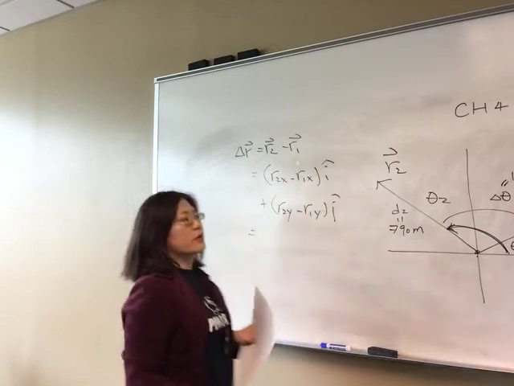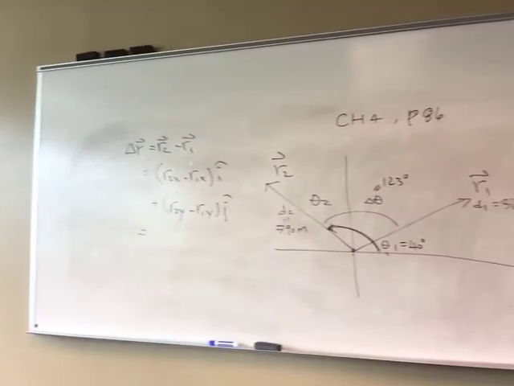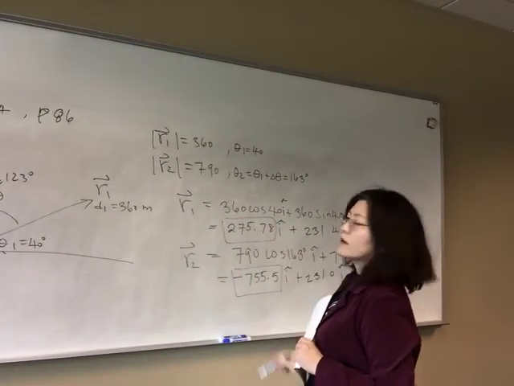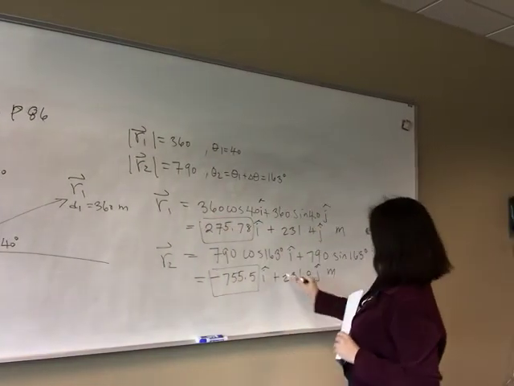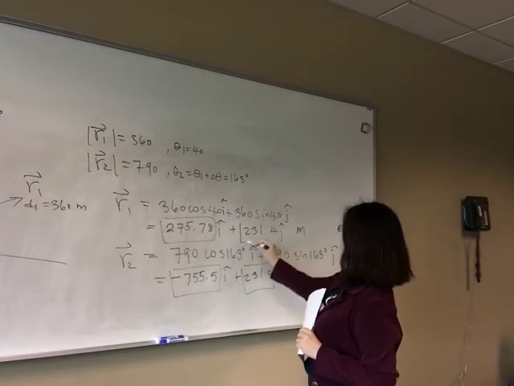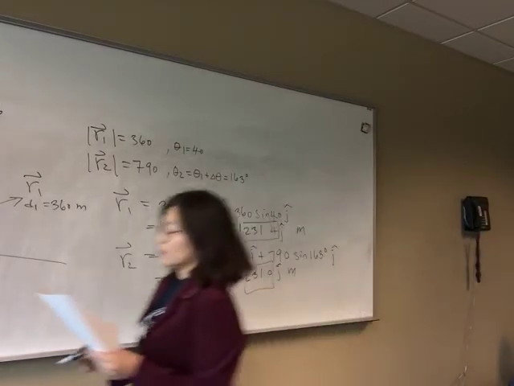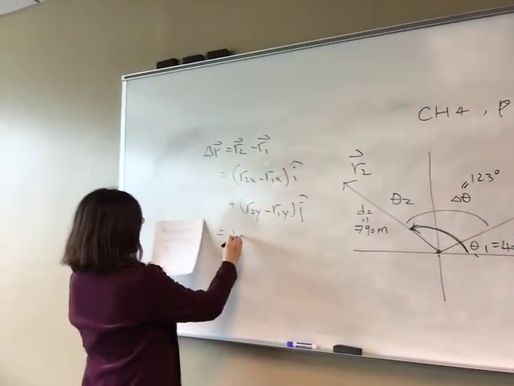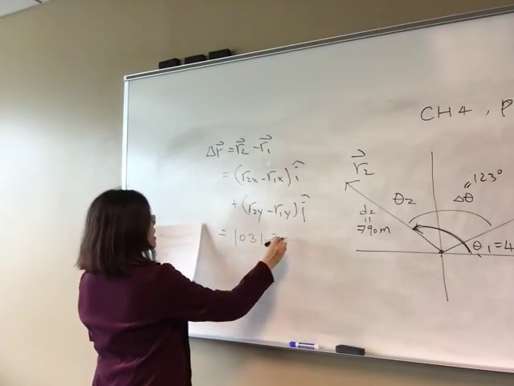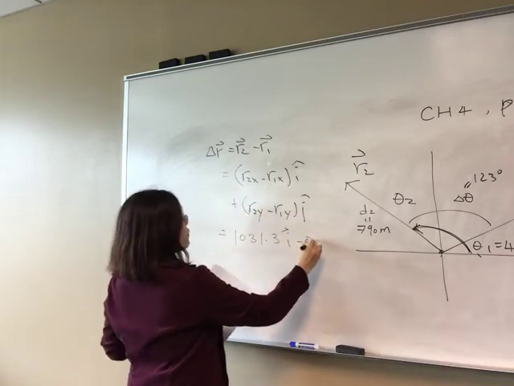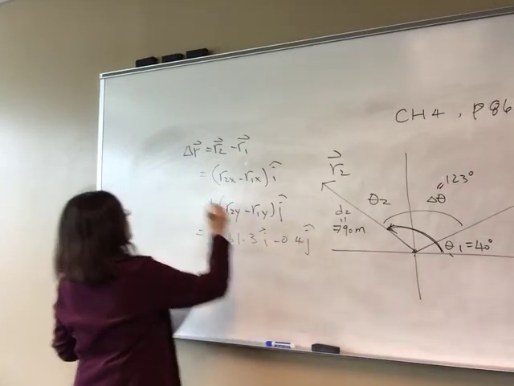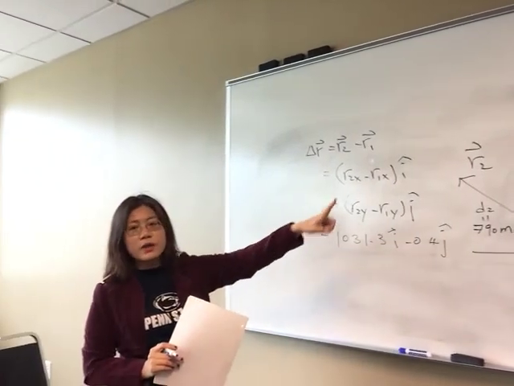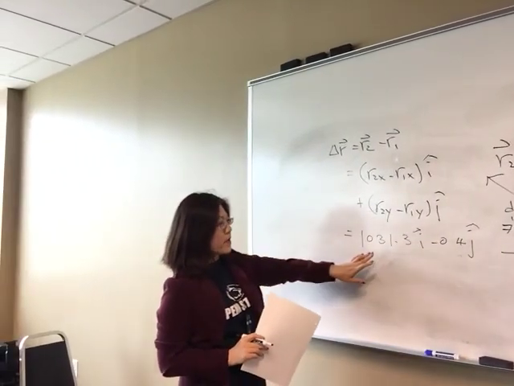Basically this minus this in the x direction, and this minus that in the j direction. So the final answer is 1031.3 I hat minus 0.4 J hat. That's the displacement of the airplane going from R1 to R2.